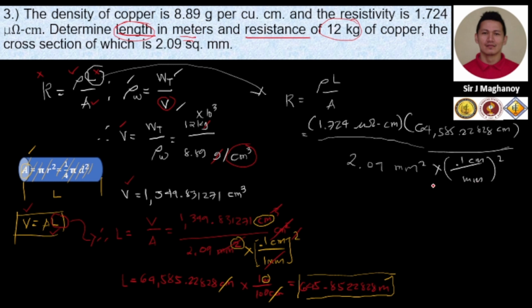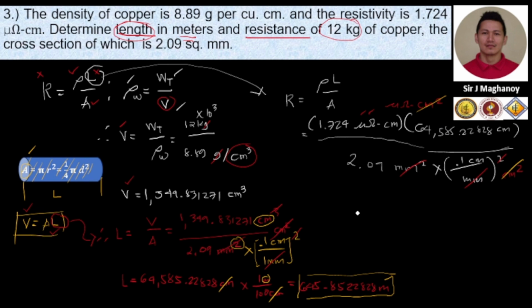Square millimeter will be cancelled out, and the remaining unit is square centimeter. Above, the remaining unit is micro-ohm centimeter times centimeter, that is square centimeter, so we can finally cancel the square centimeter in the denominator and the numerator.